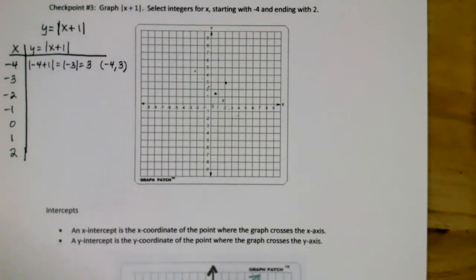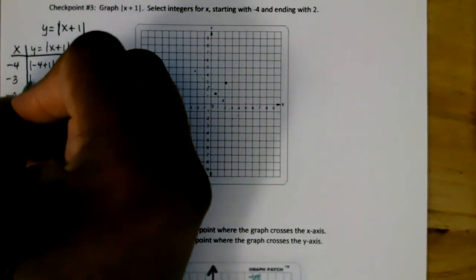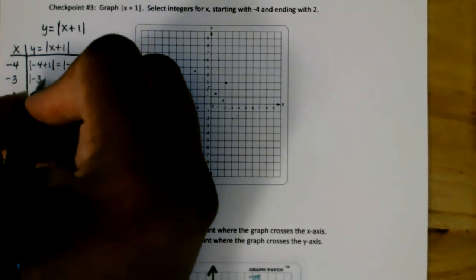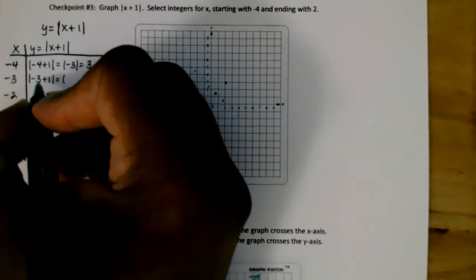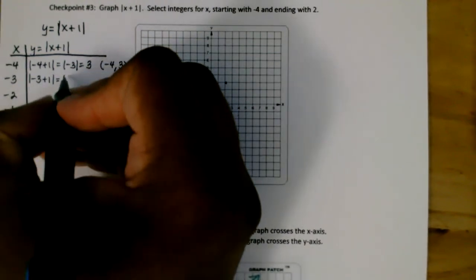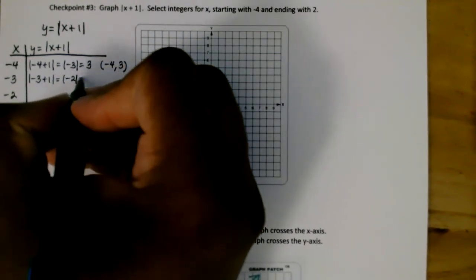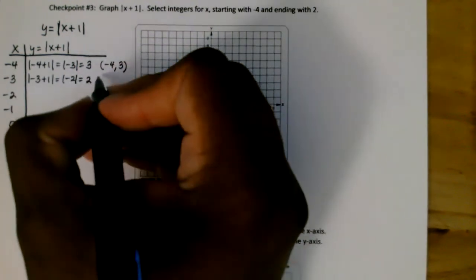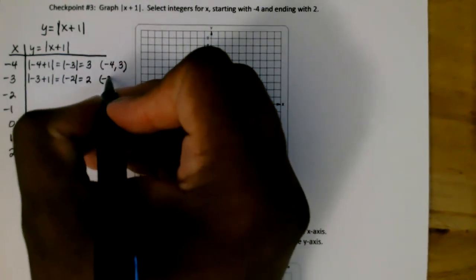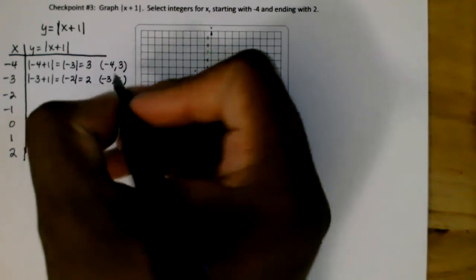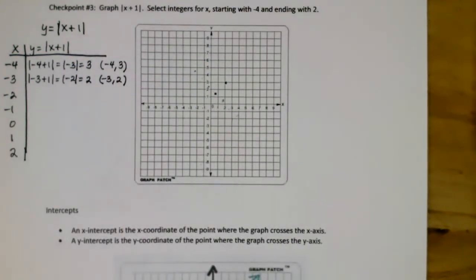Now for x equal -3, we have the absolute value of -3 plus 1. Then -3 plus 1 is going to be -2. Absolute value of -2 is 2. So another ordered pair would be -3, 2.